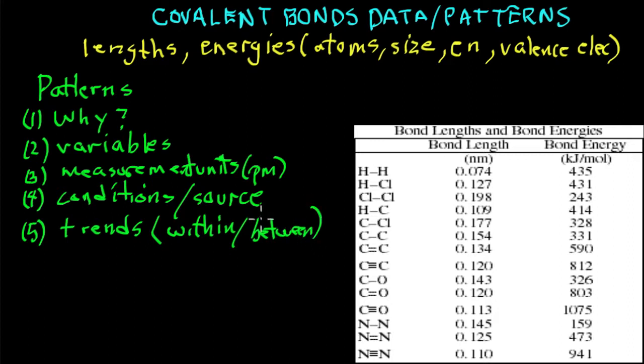For instance, if you look at nitrogen-nitrogen bonds, as you go from a single bond to a double to a triple, the bond length gets shorter, and, going between the variables now, the energy associated with forming or breaking this bond gets greater. And you see the same trend with carbon-oxygen bonds.